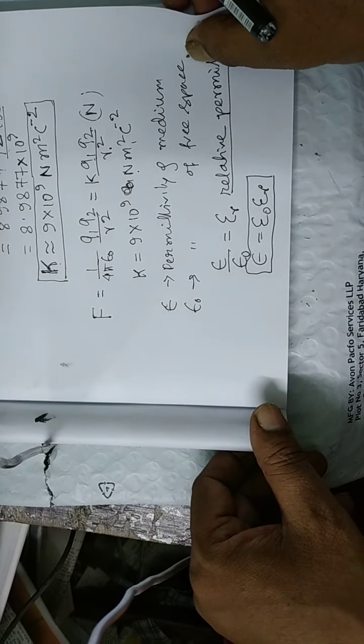That is 9 into 10 to the power 9 divided by epsilon r, q1 q2 by r square. 9 into 10 to the power 9 is k. So k by epsilon r. As epsilon r is a unitless quantity, you get the result accurately.